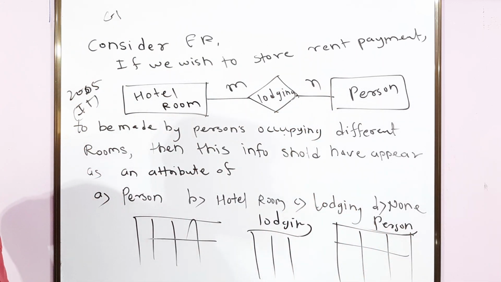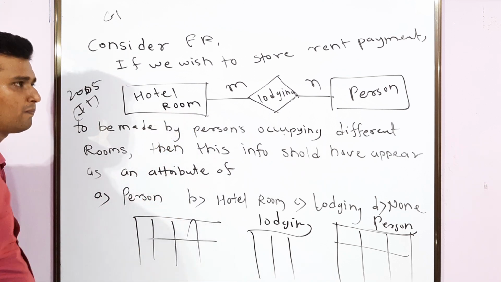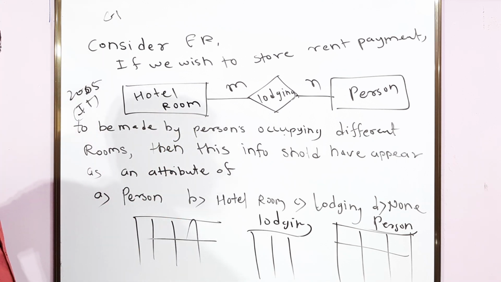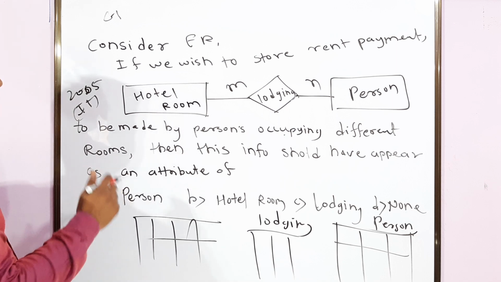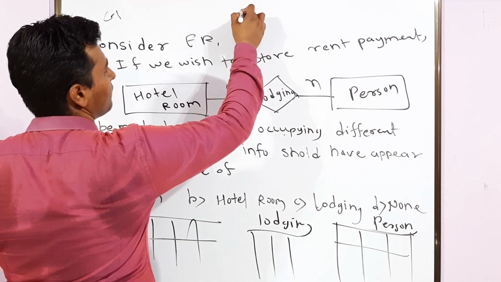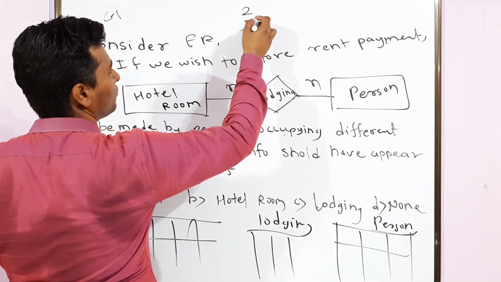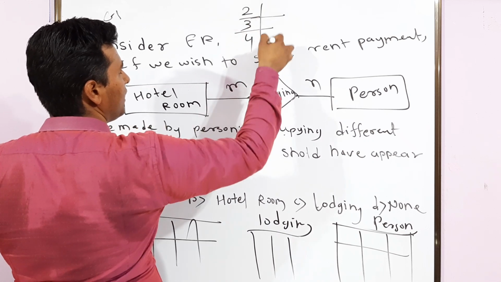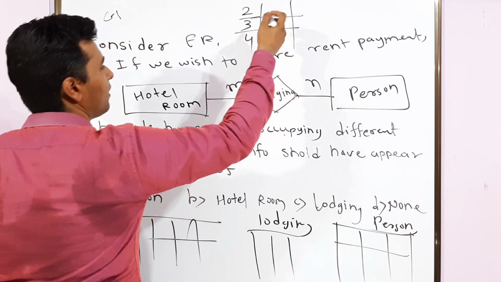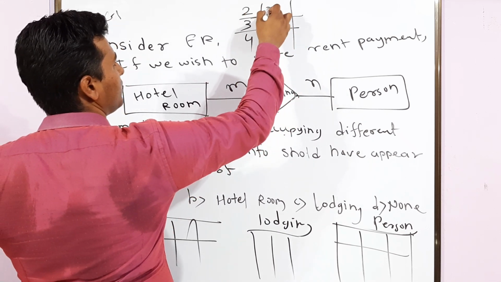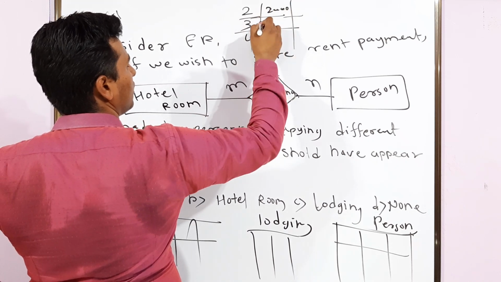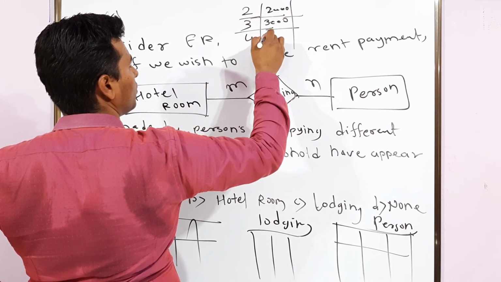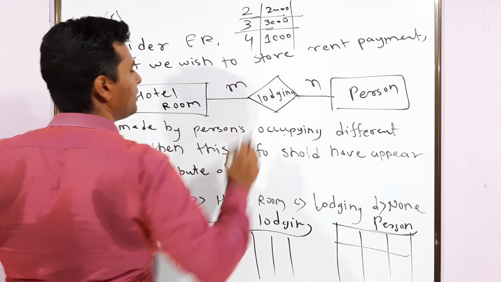Now rent payment can be an attribute of hotel room, but it becomes redundant. Let's say I'm having 3 hotel rooms, numbers 2, 3, 4, and the payment is, let's say, 2000, 3000, or 1000. This will be the payment rate.